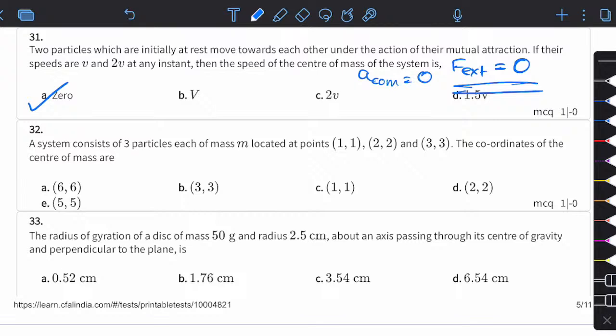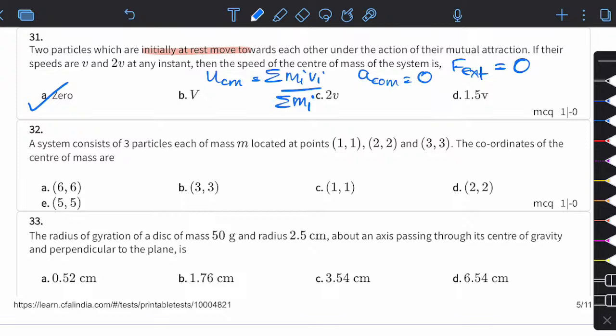Okay, so Aditya is asking a question. It is acceleration that is 0. How do we know that velocity is 0? Good point. If external force is 0, it is the acceleration that is 0, but it is also given that the initial velocity of the particles is 0. If initial velocity of both particles is 0, what will velocity of the center of mass initially be? Remember, the formula for velocity of center of mass is summation mi vi divided by summation mi.